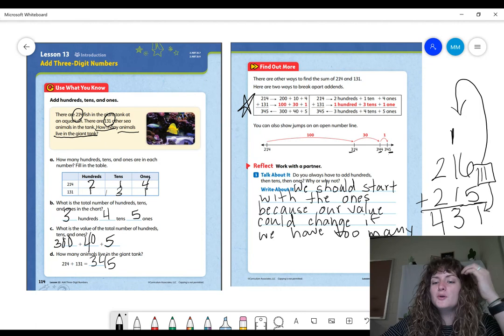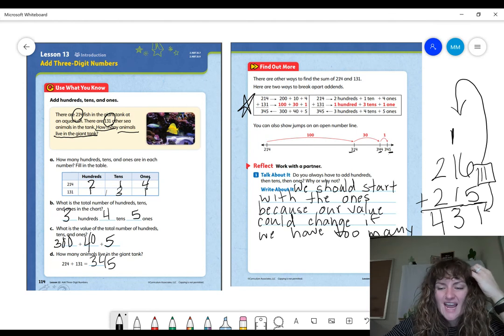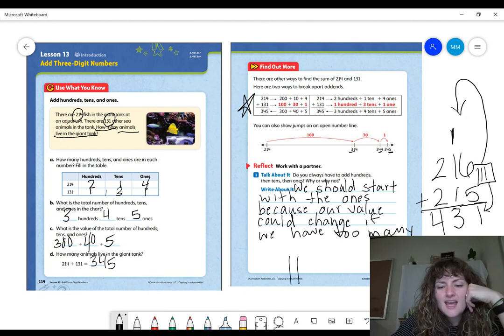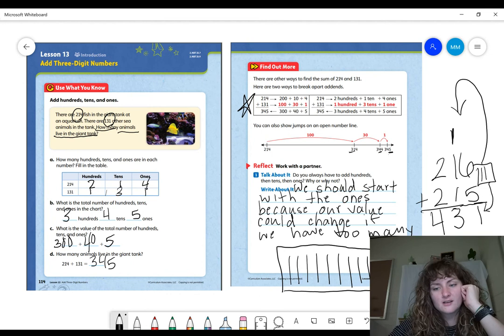But then if we moved to our tens place, that would be our next lowest value. So 5 tens plus 8 tens would be 13 tens. Well, if I draw 13 tens, 4, 5, 6, 7, 8, 9, 10, 11, 12, 13. Uh-oh, I have 10 tens, which is the same as what?